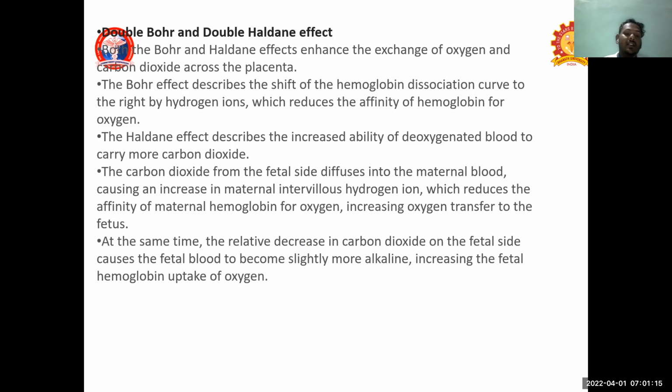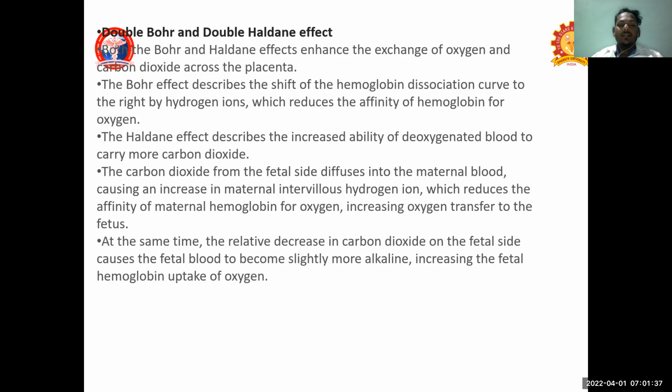So, the main entities which help in the delivery of oxygen from the placenta to the fetus are the double Bohr effect and double Haldane effect. Both the Bohr and Haldane effect enhance the exchange of oxygen and carbon dioxide across the placenta.